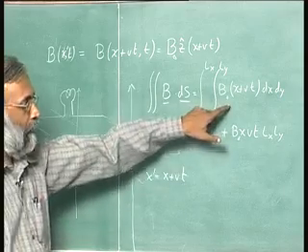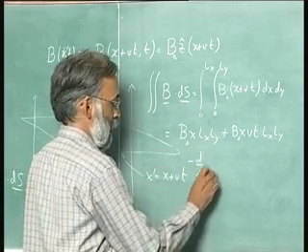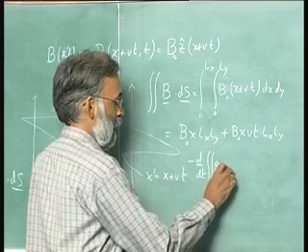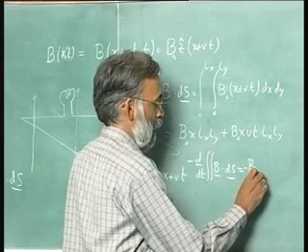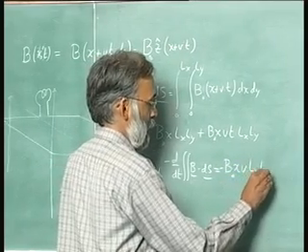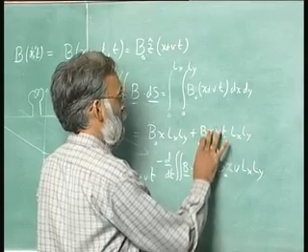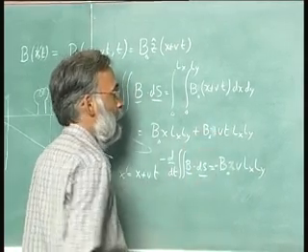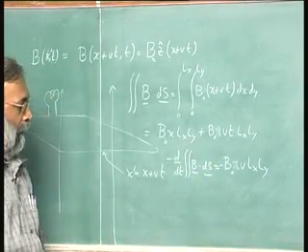Now, I take the time derivative, what do I get? Minus d dt of the surface integral of B dot ds is equal to minus B naught V times Lx Ly. Sorry, there should be no x here. B naught Vt, so B naught V Lx Ly.